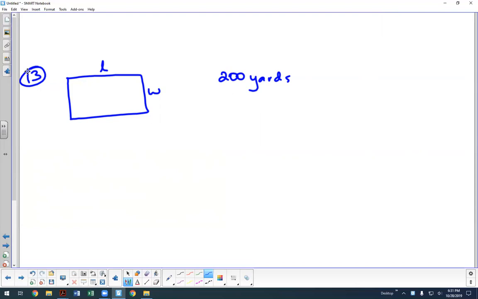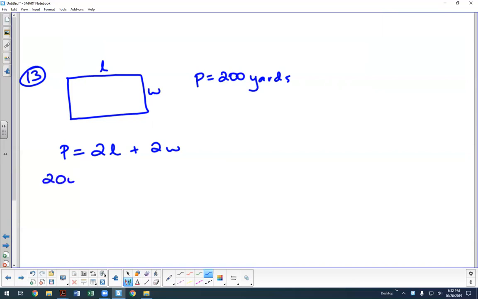So you're talking in terms of fencing, which is going to go around that garden, right? So that's your perimeter. So 200 yards represents the perimeter of our rectangular garden. And as Trey mentioned, you add your two lengths with the two widths, so twice the length plus twice the width.